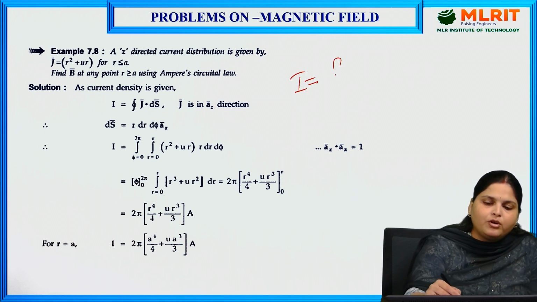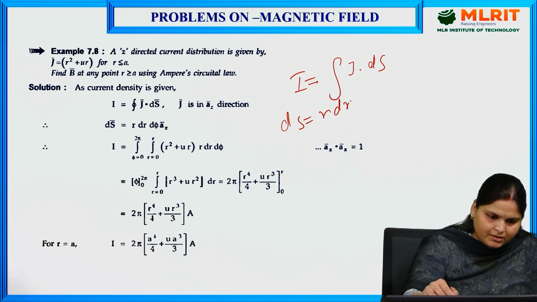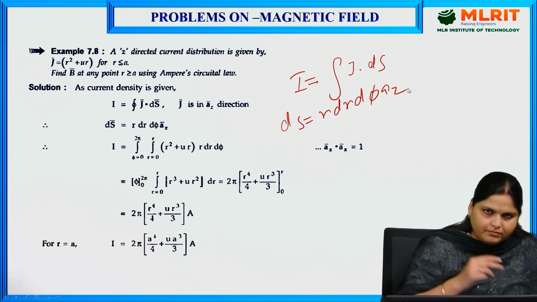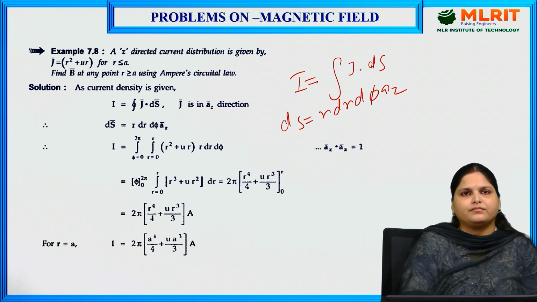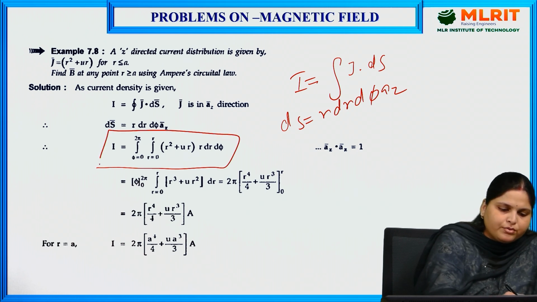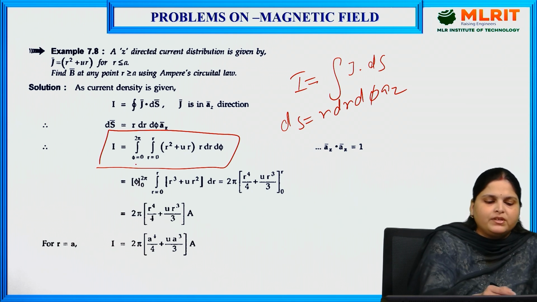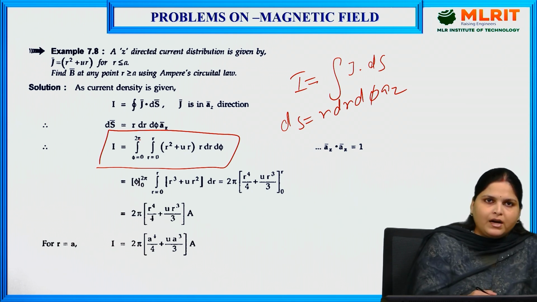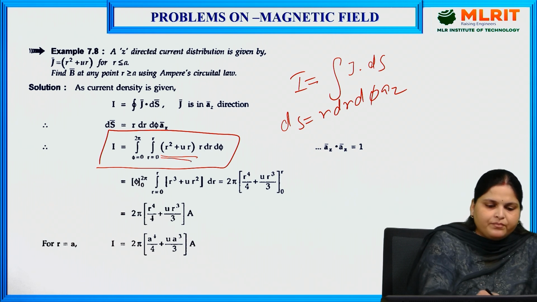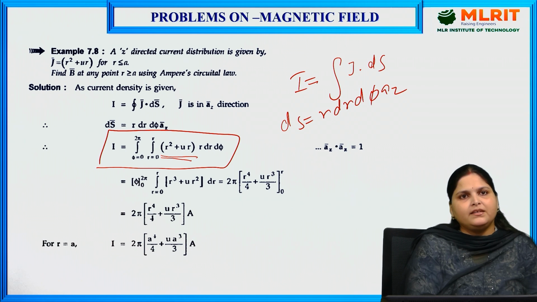We will write the formula of current density, and ds equals r dr d phi az. From here we put I equals the double integration. We put the limits of phi from 0 to 2 pi and r from 0 to r, and this is J, r square plus ur, and in place of ds we write r dr d phi.